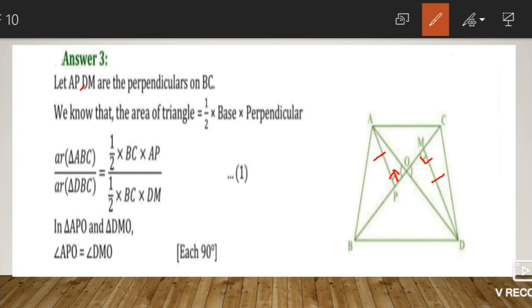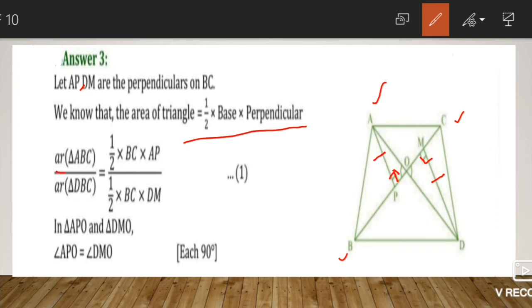Now you know that for a triangle, area is equal to half into base into height, right? So if you consider triangle ABC, the area of triangle ABC will be half into BC into AP, because BC is the base and AP is the height.